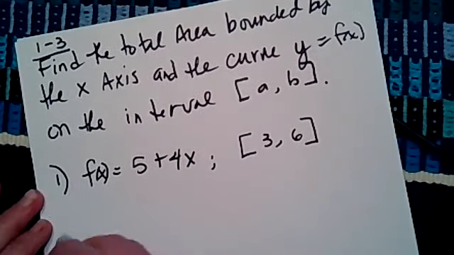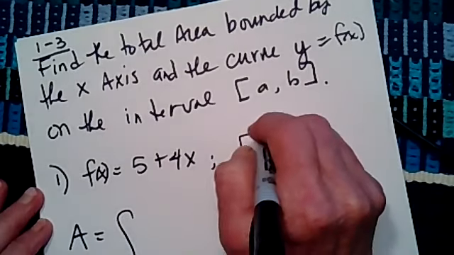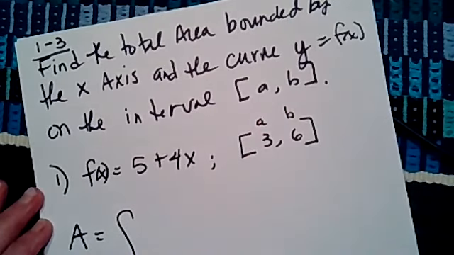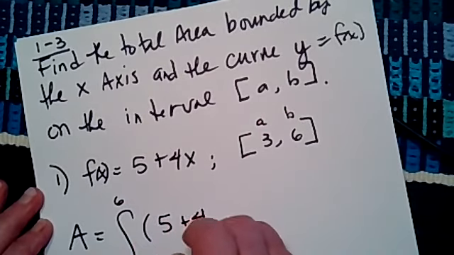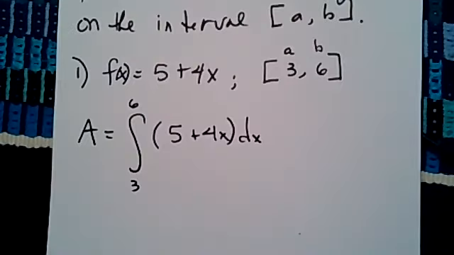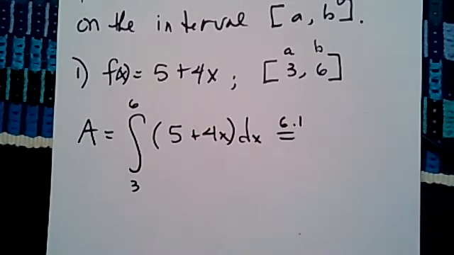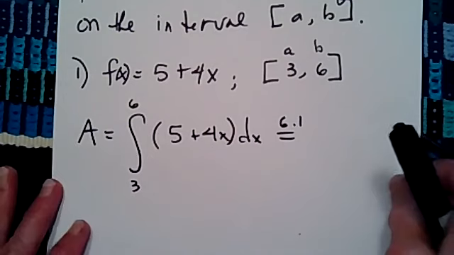The area is the integral from 3 to 6 of 5 plus 4x dx. We set up the definite integral, and for all of these our rules are going to be the 6.1 rules. I've taken the substitution problems out because our time is so limited.